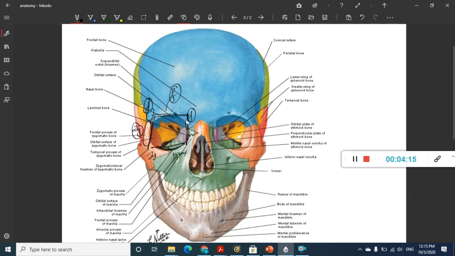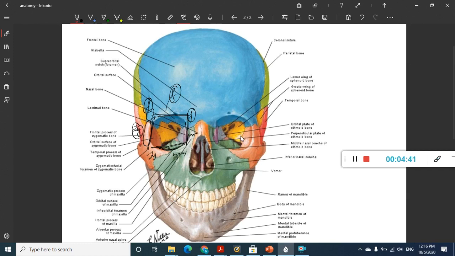In detail, the upper part of the medial border is formed by the maxillary part of the frontal bone, whereas the lower part of the medial border of the orbit is formed by the frontal process of the maxillary bone. So these are the orbit boundaries.